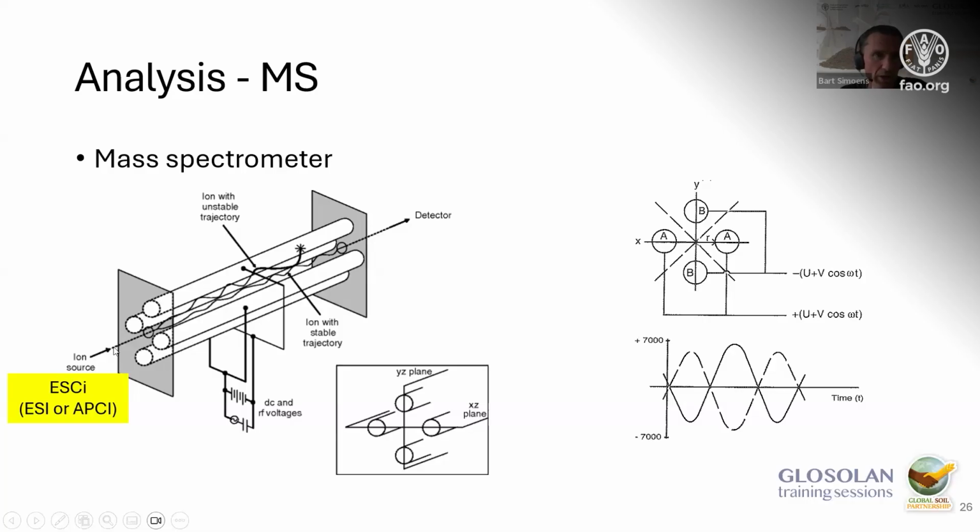And so from this ion source, we produce ions. These ions are accelerated between the ends of the rods. And so they are moving as ions with their electrical charge, moving into this complicated electrical field. And most of them will end up somewhere on one of the rods. Only some of them will have a trajectory that leads them through the rods without touching them, and only those that travel safely along the rods will be detected.